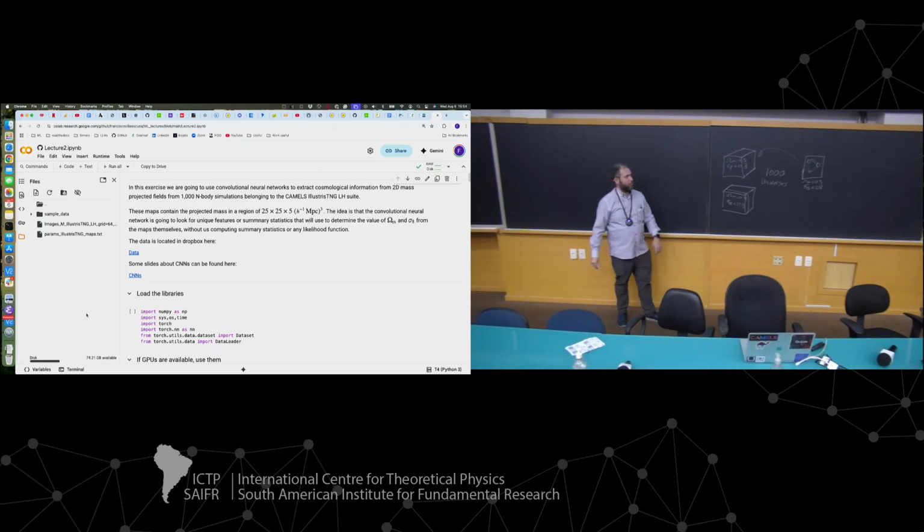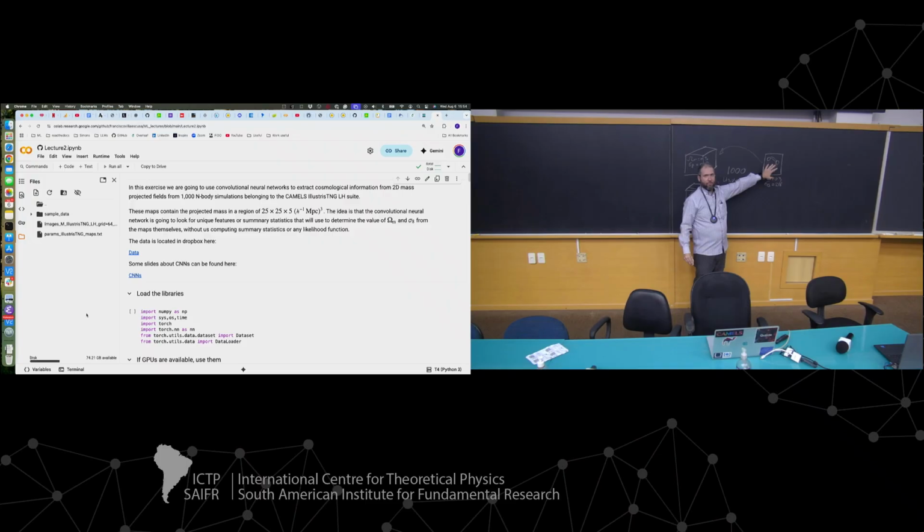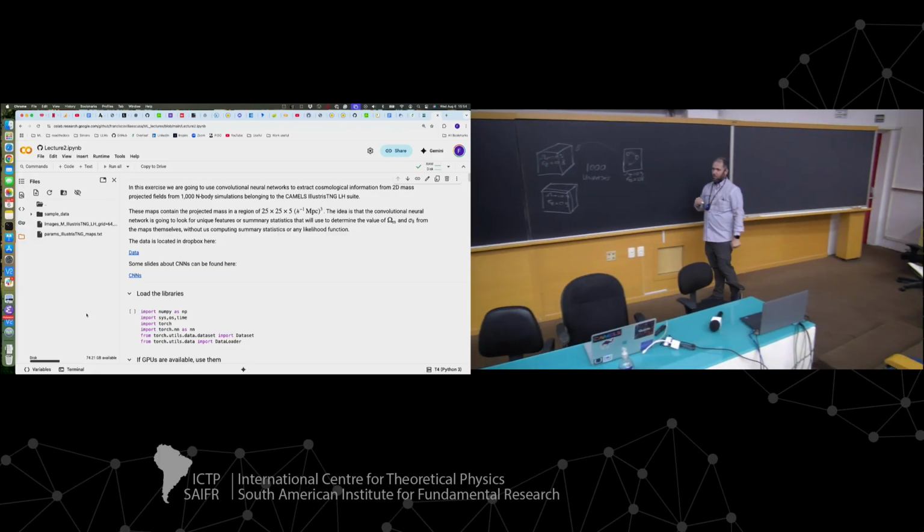Now what we're going to try to do is train a convolutional neural network on this image. We'll say, try to locate features, edges, halos, the filaments, such that you are able to predict the value of the cosmological parameters.